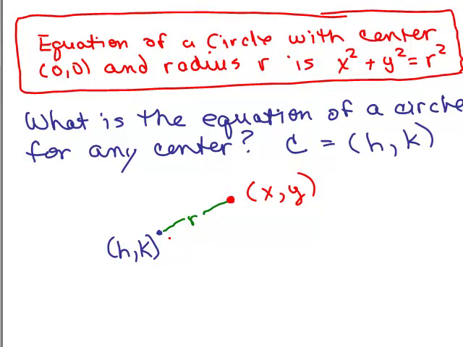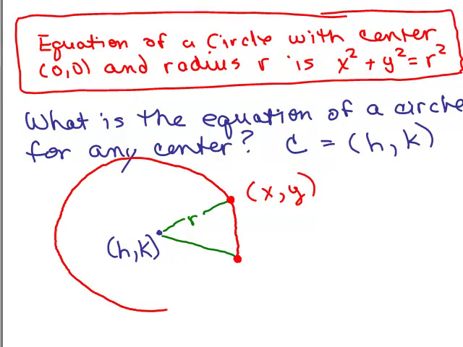For instance, I could have put it here. If I drew enough of these, I'd be able to draw a circle, right? I'm not that great at drawing circles, but you get the idea. It's r units away to any point.